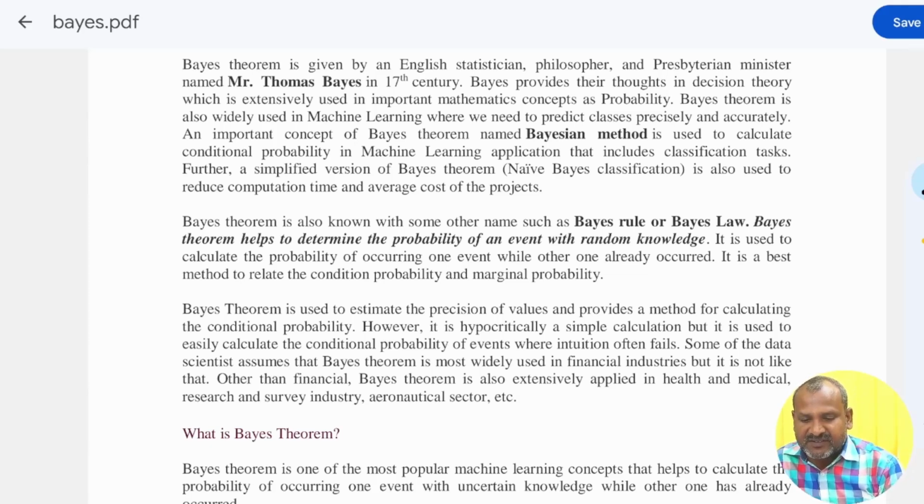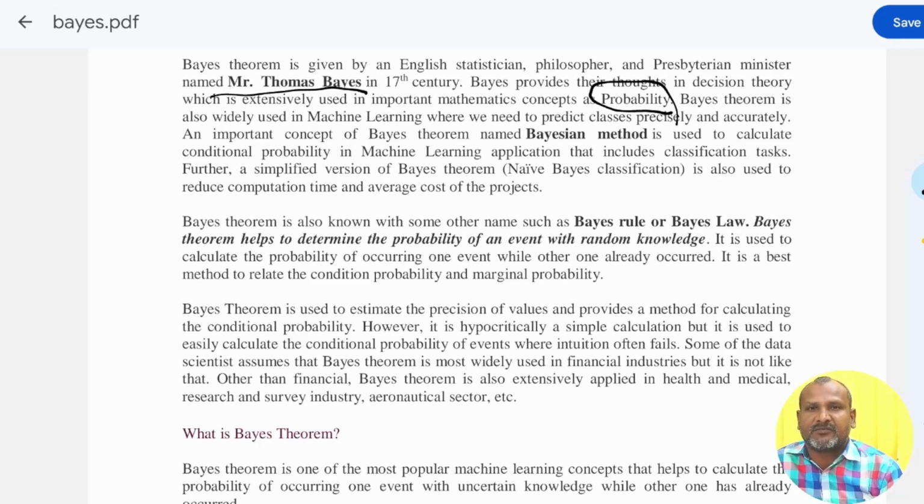Bayes theorem is given by an English statistician, philosopher and Presbyterian minister named Mr. Thomas Bayes. Okay, and in the 17th century Bayes provided his thoughts in decision theory, which is extensively used in the important mathematical concept of probability.